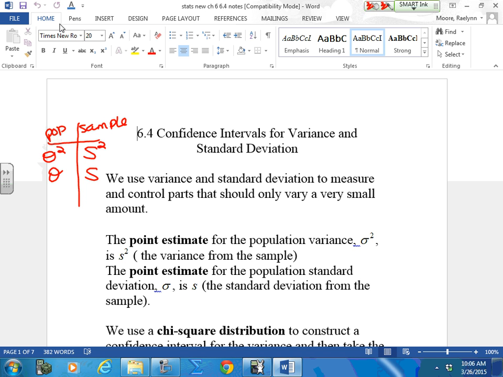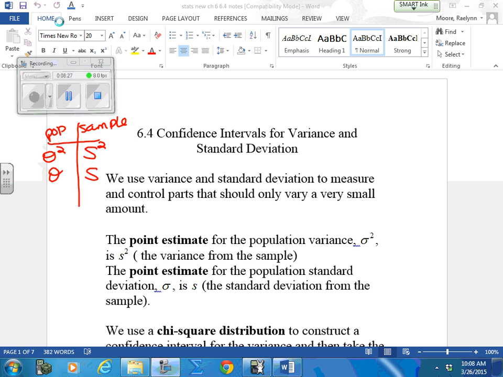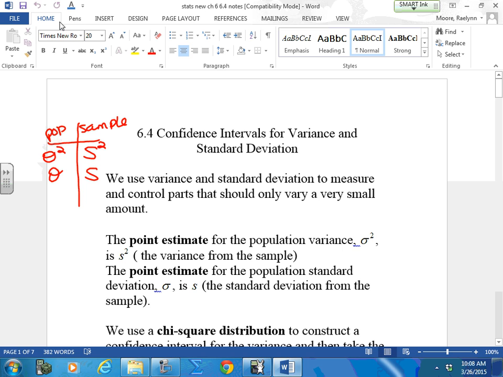Now, this series uses a bunch of formulas, which I will always give you. It also uses the chi-square, which is used a lot when you have very, very small differences. You know how small your standard deviation is compared to your mean? Your variance is small.